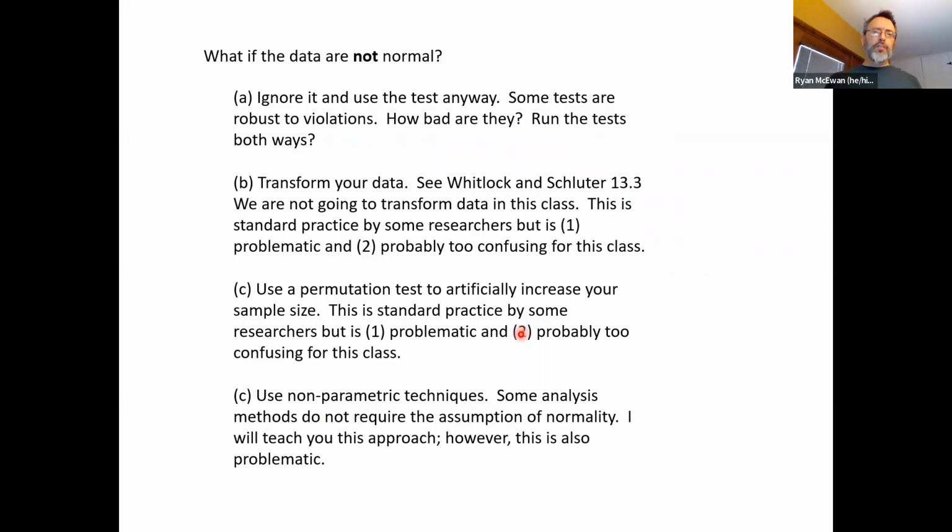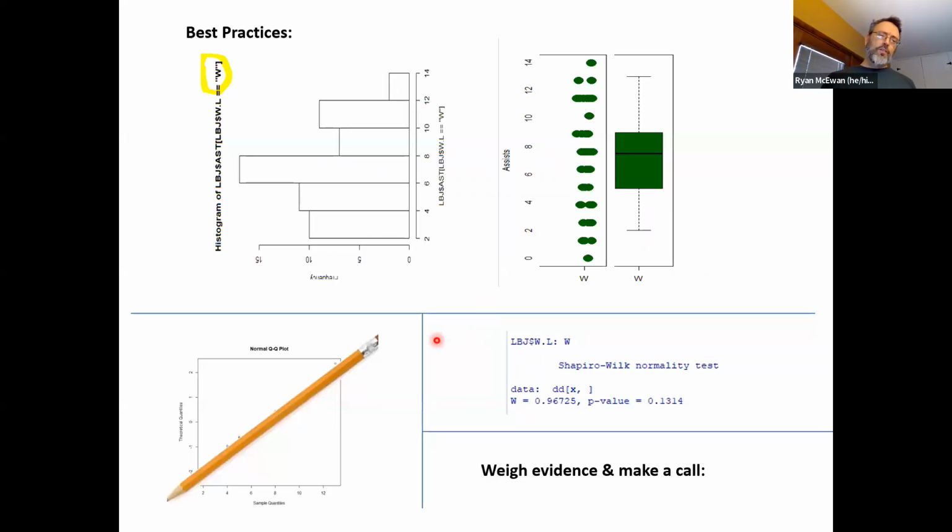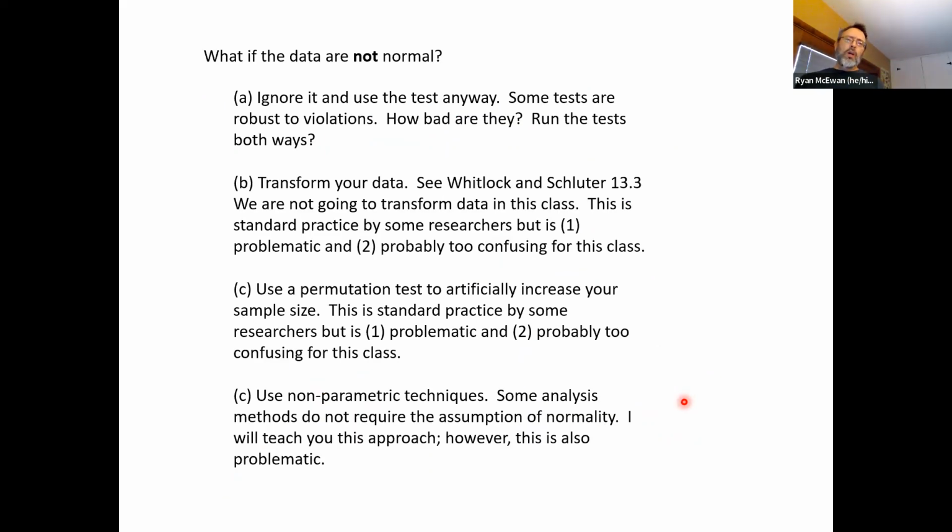So what if you run this and you go, uh-oh, I got this scimitar shape. I look like I've got some kind of weird distribution here. The data are skewed. Whoops, p is less than 0.05, and reject the null of a normal distribution. Got a problem. Here's what you can do. A, ignore it and use a test anyway. Some tests are robust to violations.